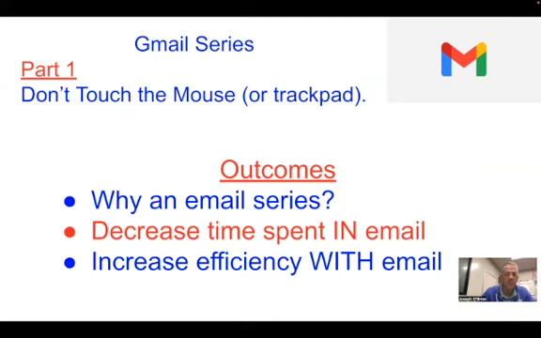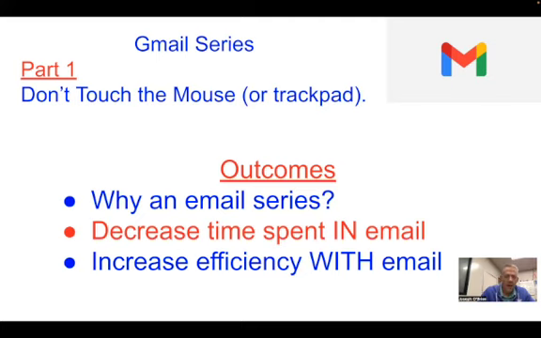So this part is titled "Don't Touch the Mouse," right? Or the trackpad if you're on a laptop, which frequently I think a lot of us are. But don't touch it. Instead, we're going to rely on keyboard shortcuts to interact with our mail, and we can do everything we need to do through the keyboard shortcuts. Anything that we would need to do with an individual email, we can do without touching the mouse.